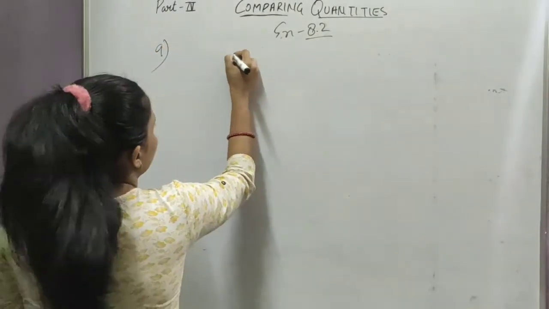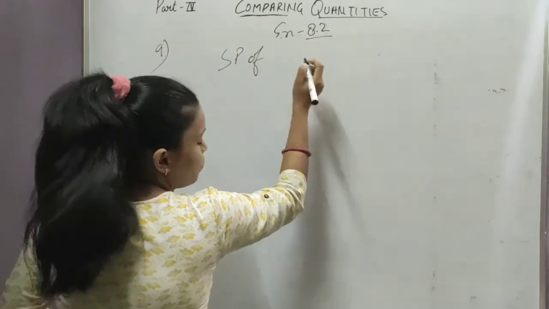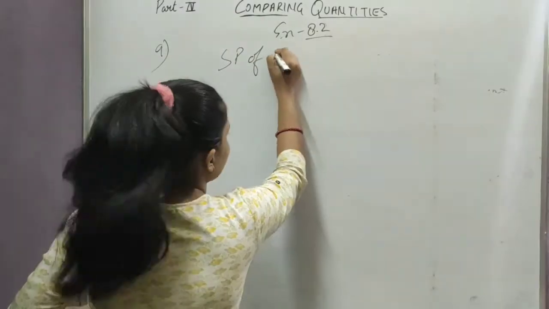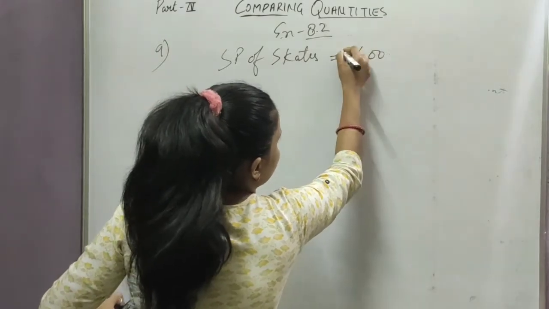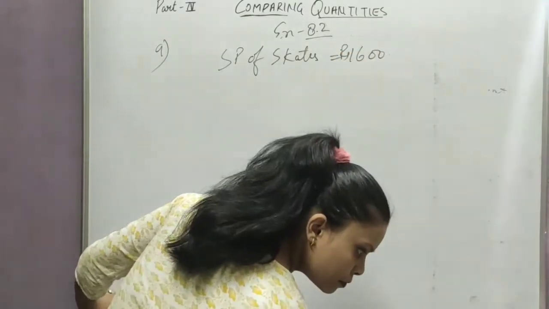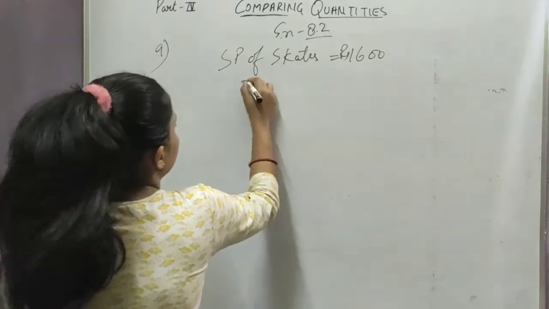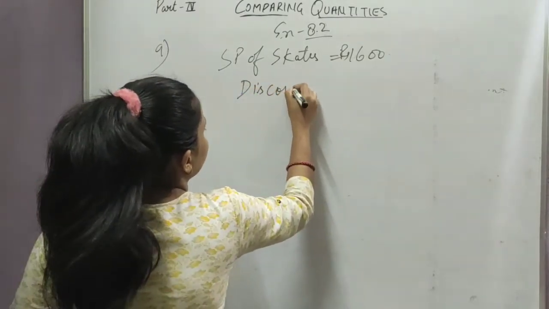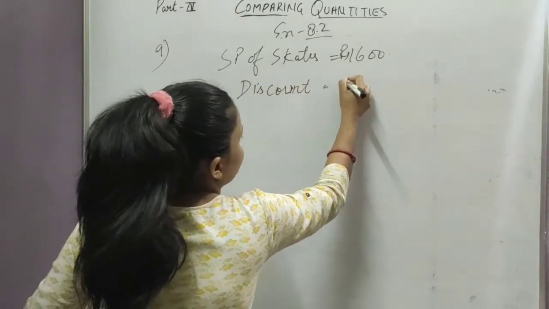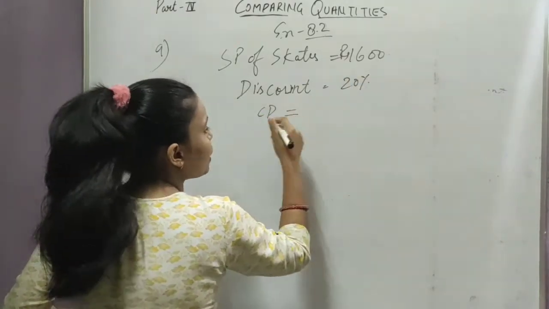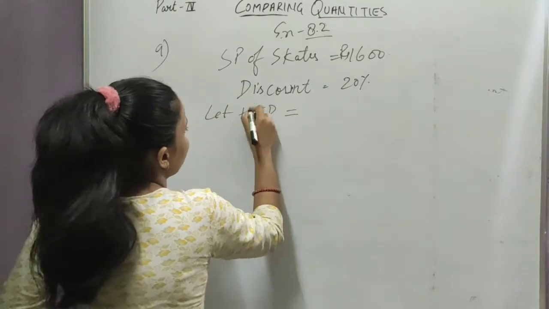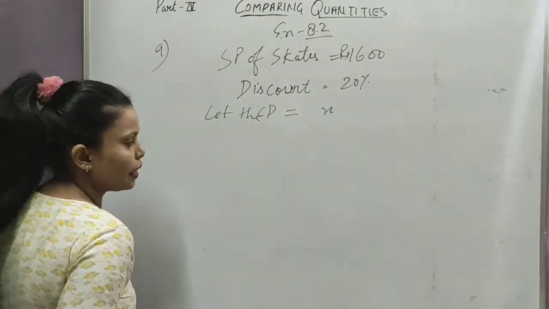So SP of skates is equal to 1600. Discount is 20% and we don't know about the CP, so we let the CP be X, right?